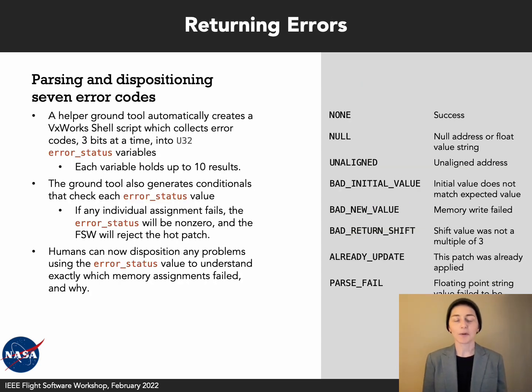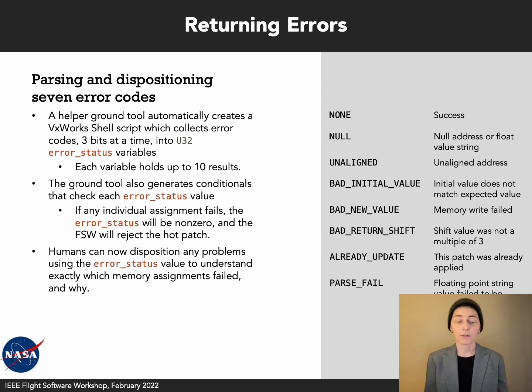All right, let's talk about load and patch errors. A helper ground tool automatically creates a VxWorks shell script, which collects error codes three bits at a time into U32 error status variables. Each variable holds up to 10 results. The ground tool also generates conditionals that check each error status value.